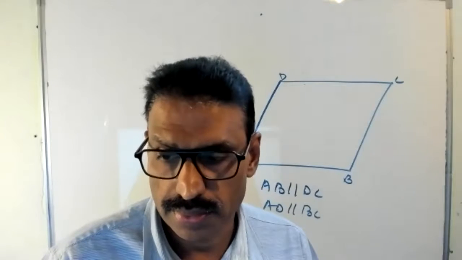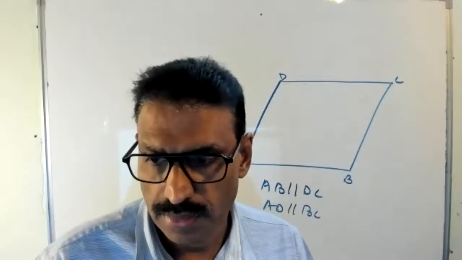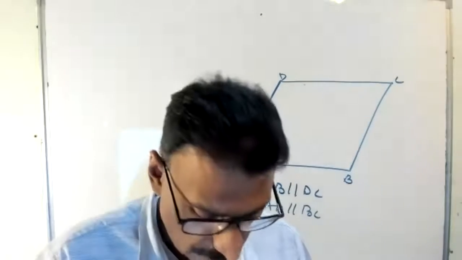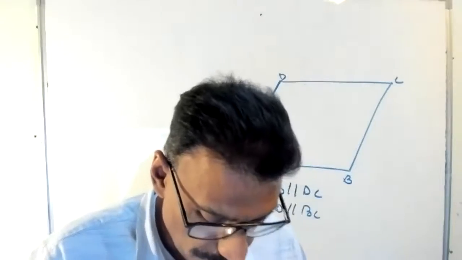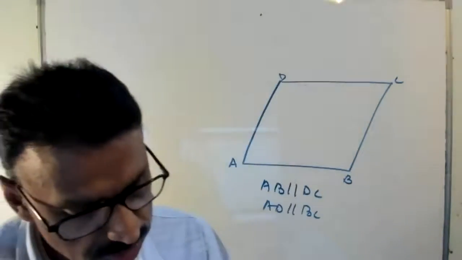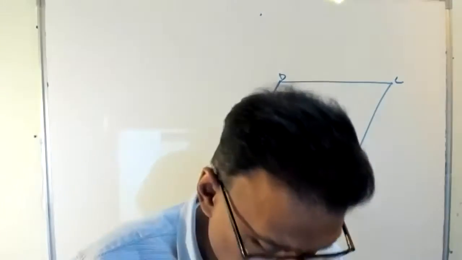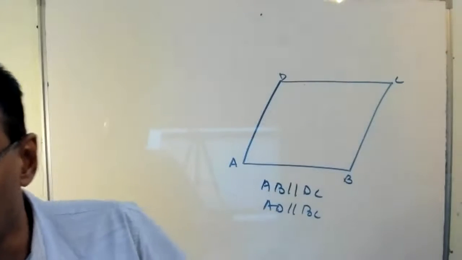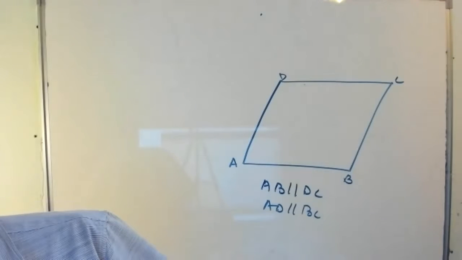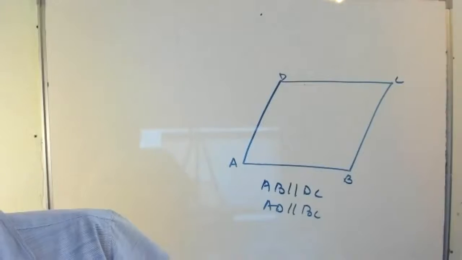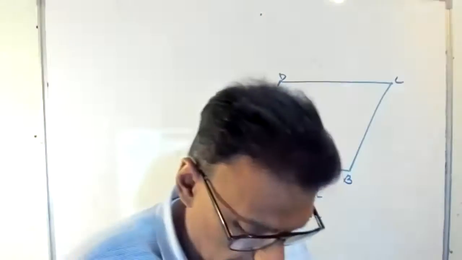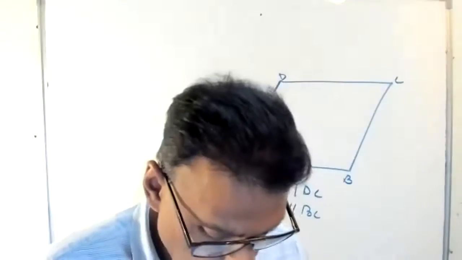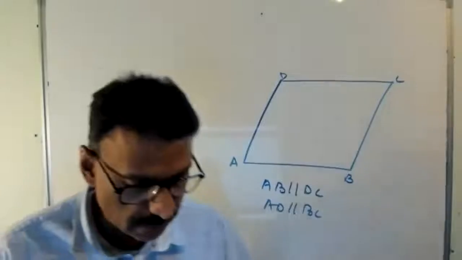Can you hear me? A quadrilateral is a parallelogram if its both pairs of opposite sides are parallel.